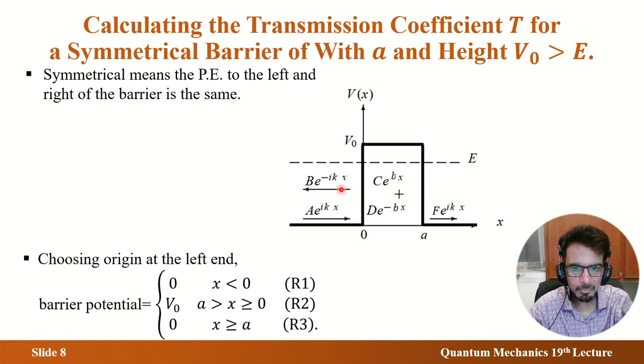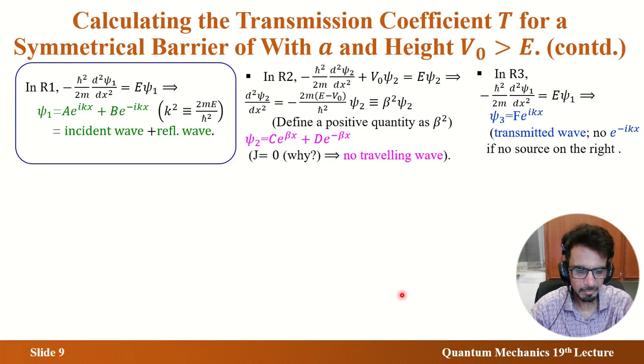So region 1 is x less than 0, and here the potential energy is chosen to be 0. The next region starts at x greater than 0, up to x equal to a, that's region 2, and in that the potential energy is V0, and after a it becomes 0. So now I have translated what I spoke into mathematics.